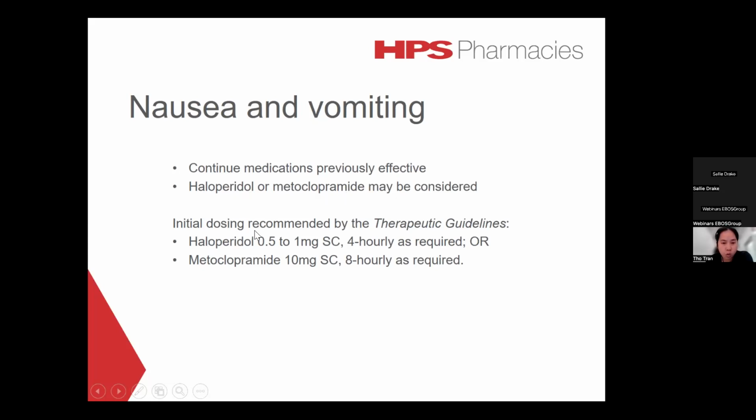The initial dose for haloperidol is around 0.5 to 1 milligram subcut every 4 hours as required, to a total maximum dose of 5 milligrams in 24 hours, or metoclopramide 10 milligrams every 8 hours when required.